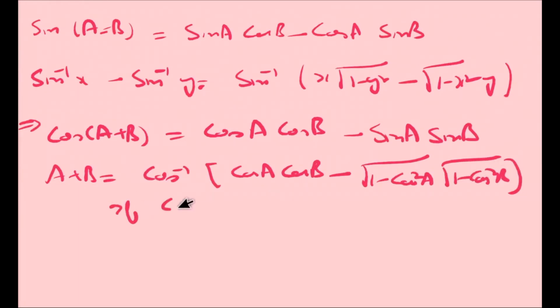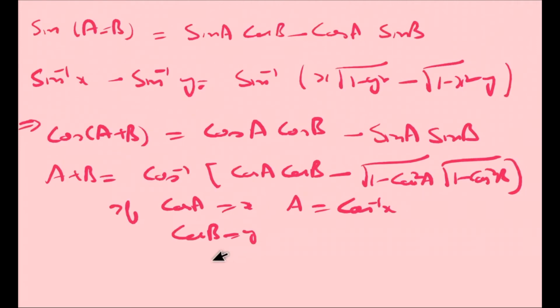If cos A equals x, then A equals cos inverse x, and cos B equals y. Why are we taking x and y here? Since A and B are different angles, we take different values.